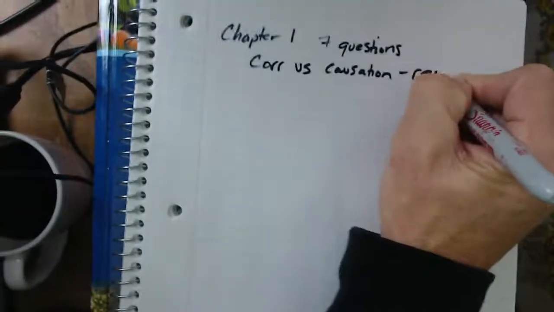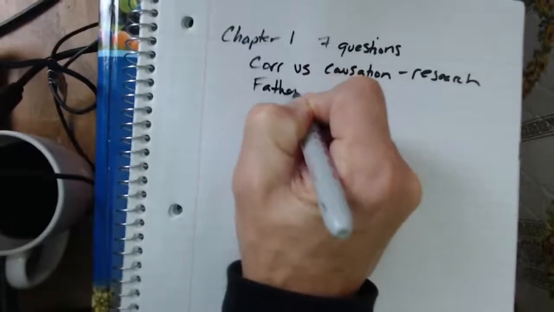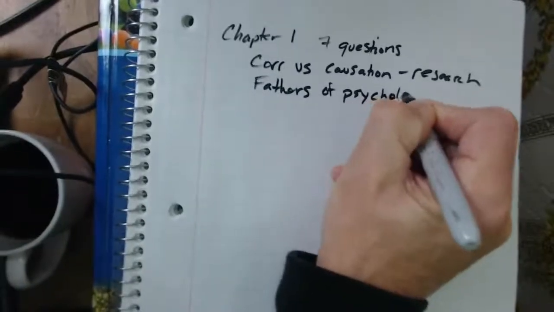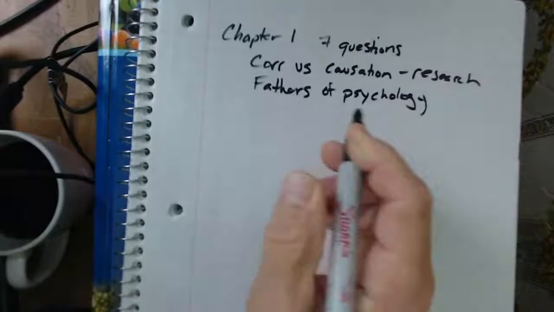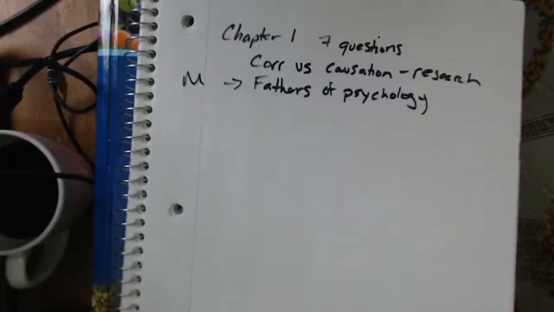That's research. And then there is, let's see, Fathers of Psychology. That's actually a matching question. I won't tell you that all the time. Holy cow. All right. I will tell you that this time.